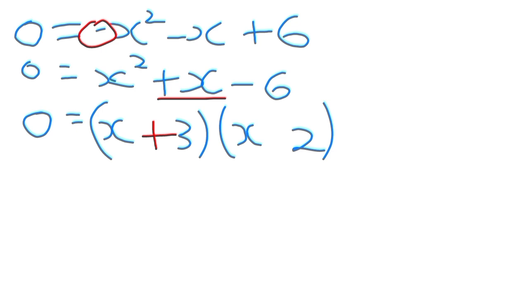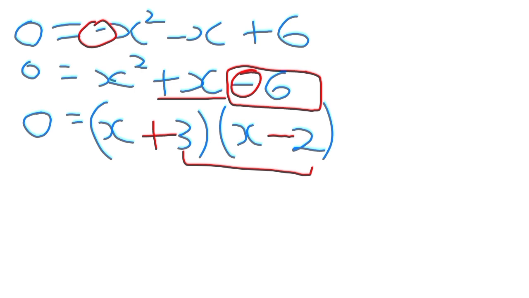We also look at our last term here, good people. The value of our constant there is negative, so we have to have a negative sign here, so that when we multiply these we get negative 6 there. And when we add these two, we get a positive 1 here, good people. That's how you come up with it.